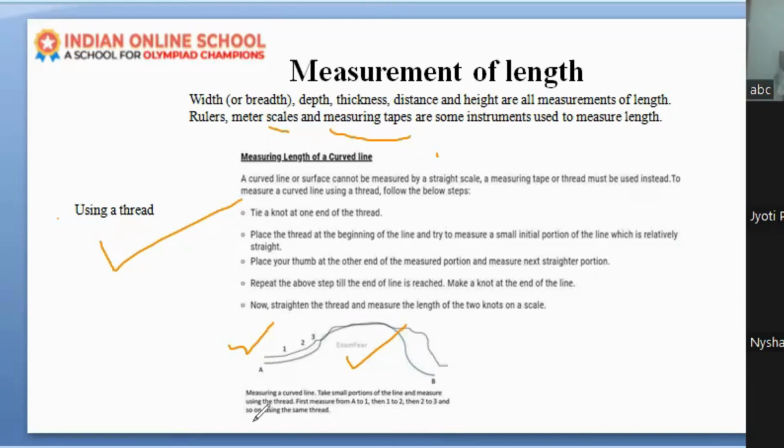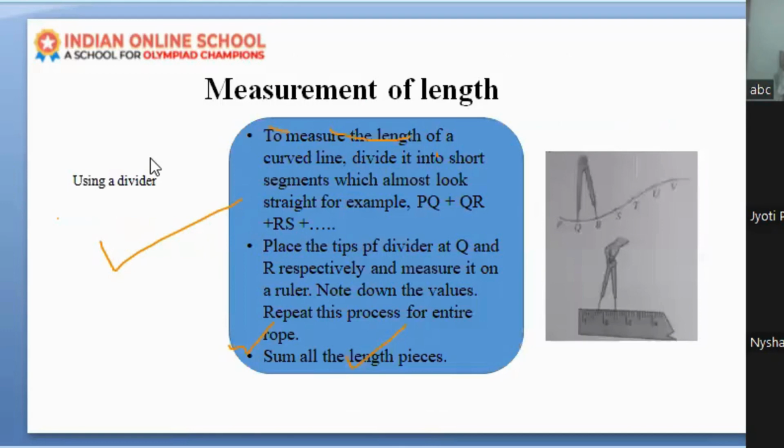Yes? Okay. Let's move ahead with the next slide, which is very important, student. Let's see what is there. I hope you understood up to here. You might have seen this in school also, and you are familiar with it. What is a divider? I think you all are familiar with the geometrical instruments we use in school, like divider, compass, and set square.